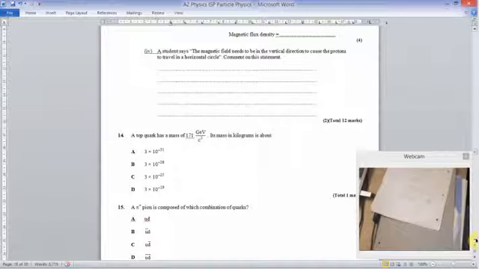Times 10 to the 9, divided by 3 times 10 to the 8 again, and then times it by 1.6 times 10 to the minus 19. Yeah, okay. So it is exactly as I thought.